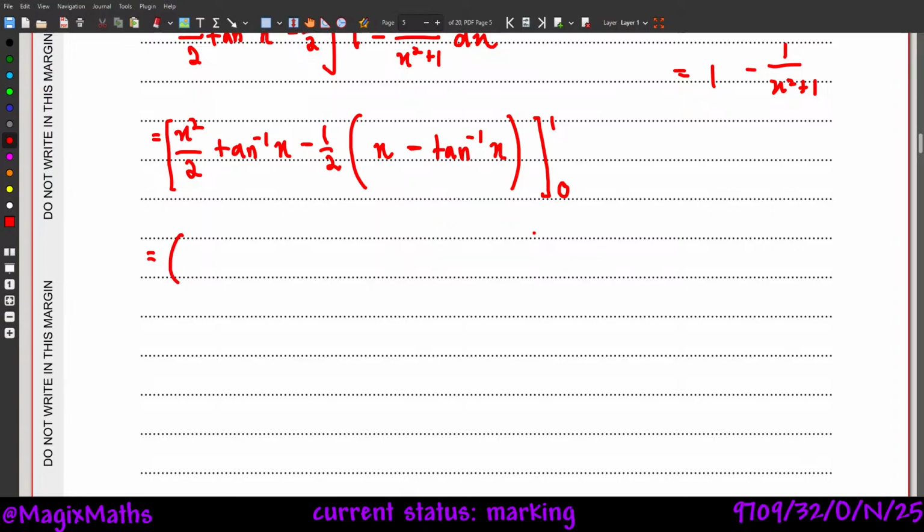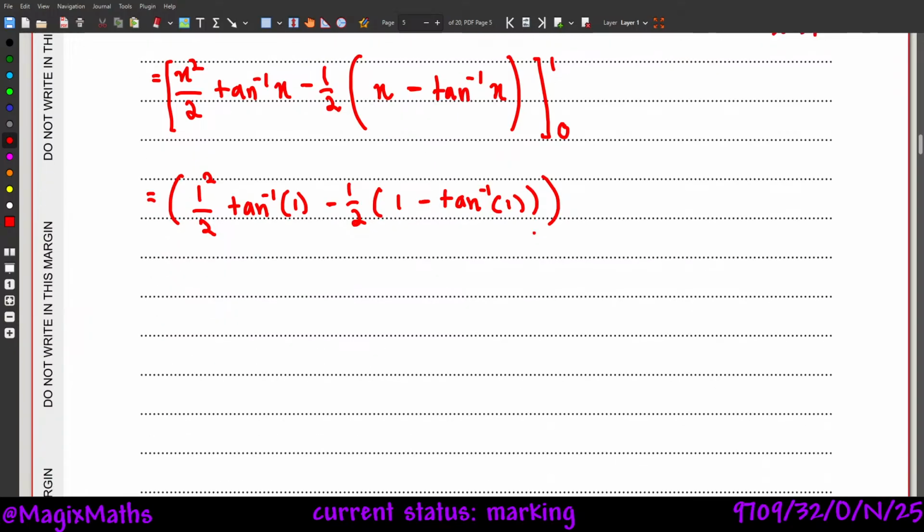So we have this minus 0 squared over 2 inverse of tangent 0.